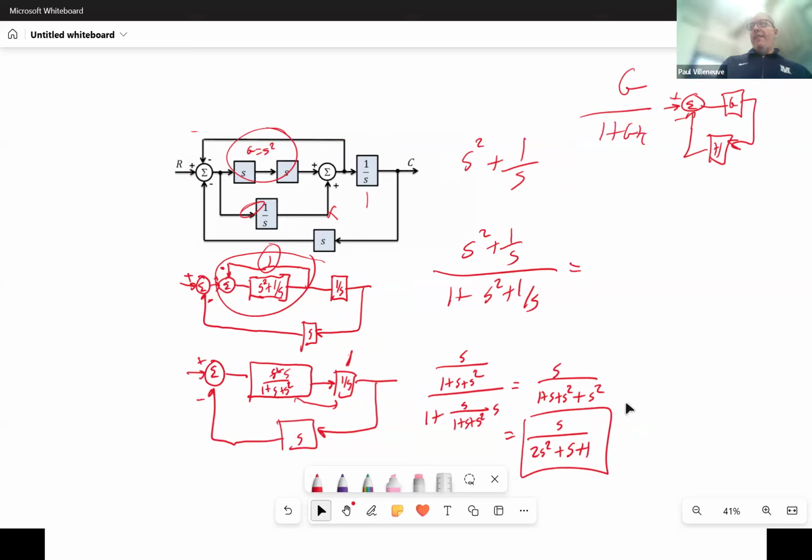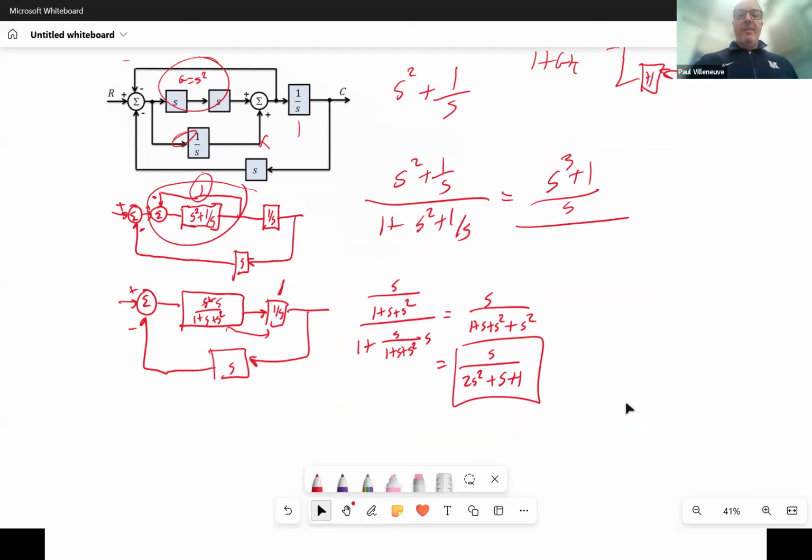So I've got fractions within fractions. So let's do S cubed plus 1 over S, all over... And I'm just going to write these all the way out because there's enough going on here. So this is S plus S cubed plus 1, all over S, gives me S cubed plus 1 over S cubed plus S plus 1.